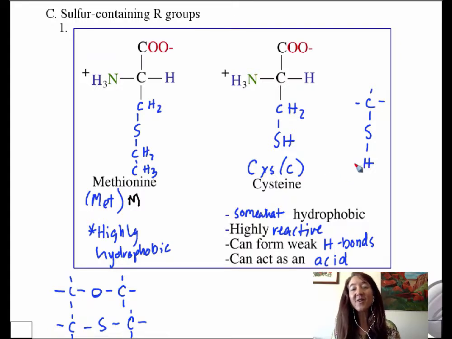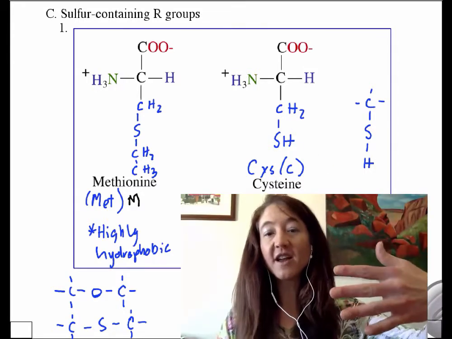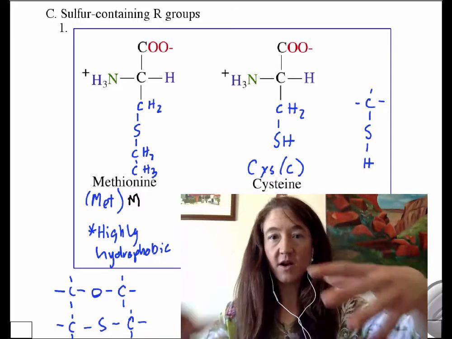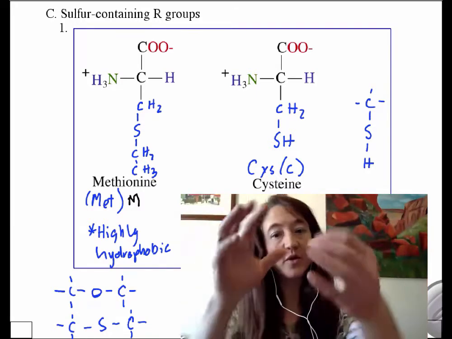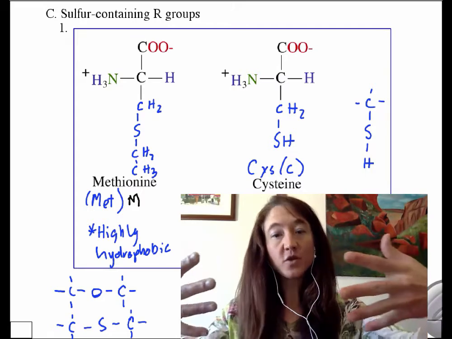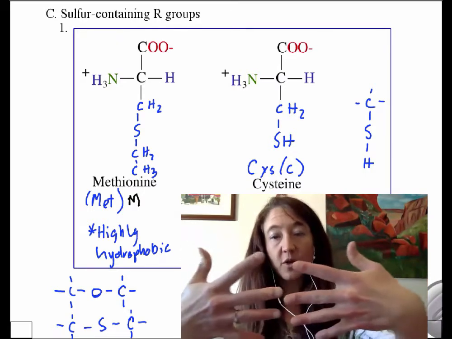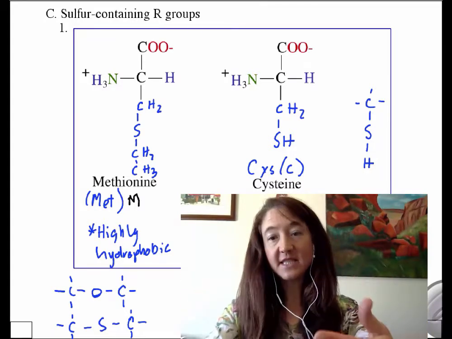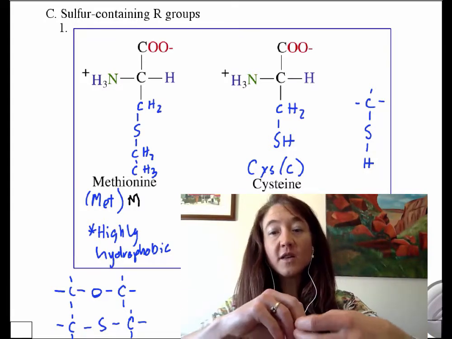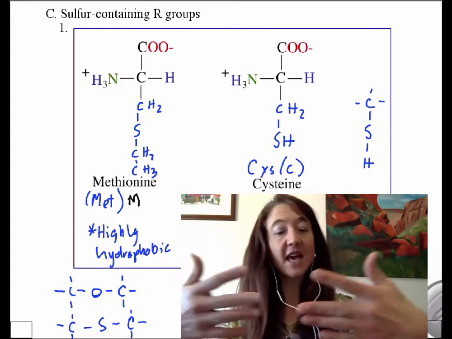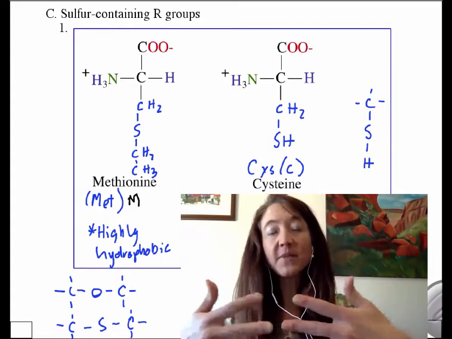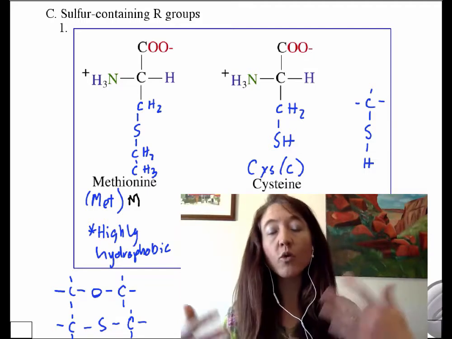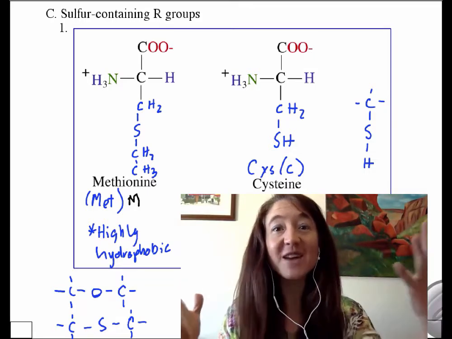So when we think about if two cysteine R groups in 3D space came close to one another, in the overall tertiary structure when a protein wraps around and folds, and the pH is slightly alkaline, then the two sulfurs in the neighboring cysteines can bind to one another, and it forms what we commonly call a disulfide bond.